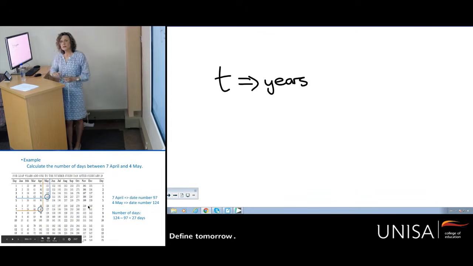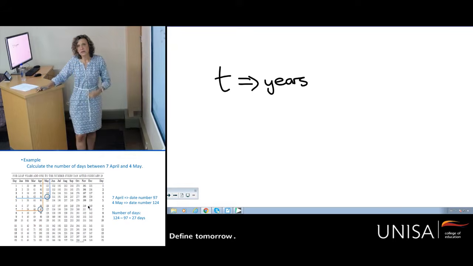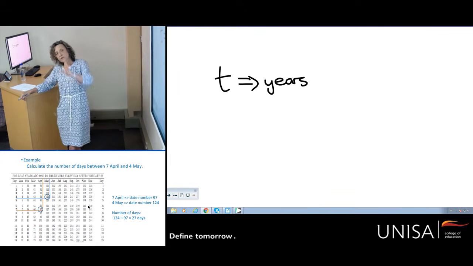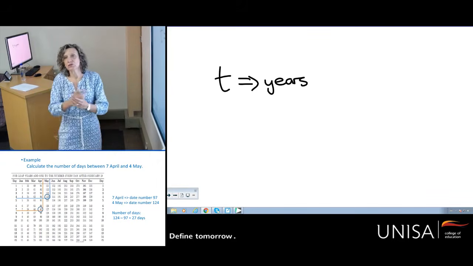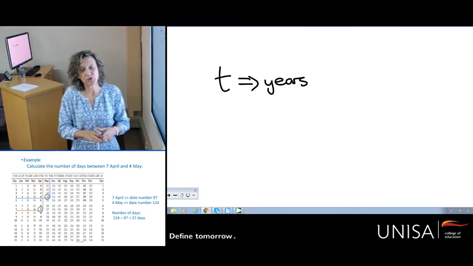There's an example there on your PowerPoint. Going down the rows you will have the days, and across you will have the months.